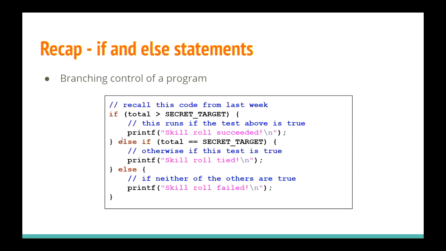If it's not true, it goes to the end of the curly brackets and says, okay, what's next? If it has an else, then if that thing was false, we go to the else and we definitely run the else. Then we ask another question, if here, and if that thing was false, we hit this else. So if we chain these together with ifs and elses, we get a situation where only one of these things can run.